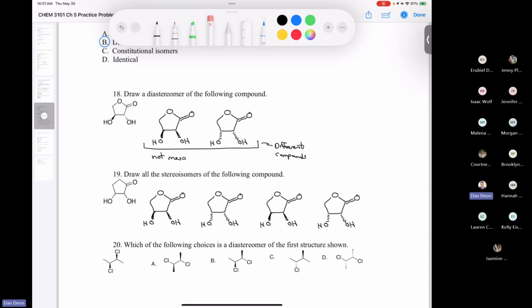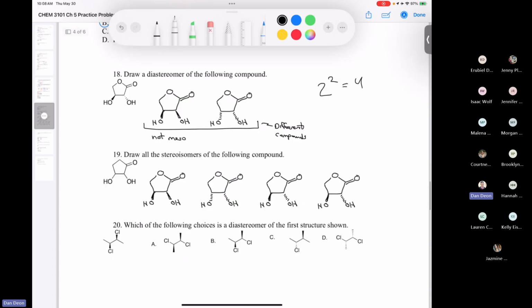And then we'll take a dash and a wedge. And then we'll do the same thing here. So we'll have our wedge and our dash like that. So those are 4 possibilities, right? You have 2 to the power of 2, which equals 4. And remember, there's no meso compound here, okay?